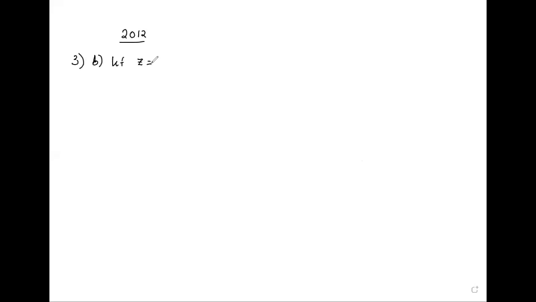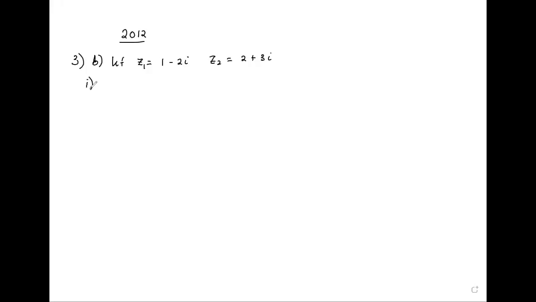Let z1 be 1 minus 2i, z2 be equal to 2 plus 3i, be complex numbers.